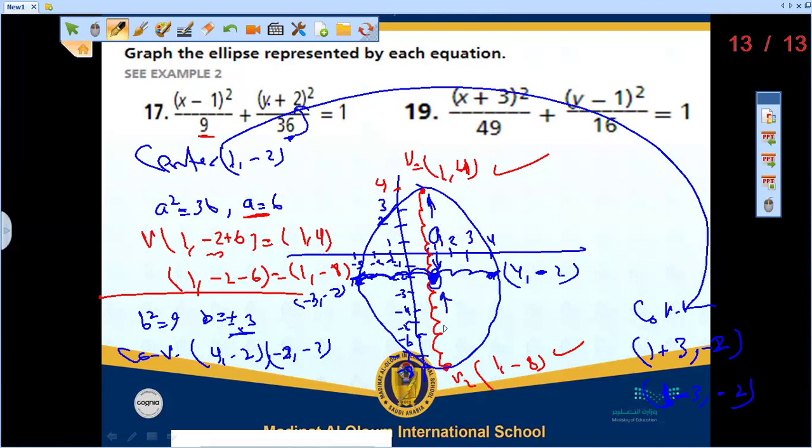If the greater is with x, I go left and right from the center and check the final position. Final position, guys, that's my vertices. Then after I determine the vertices, I go to determine the co-vertices, which is going right and left from the center. Okay, guys, this one is for a transformed ellipse.